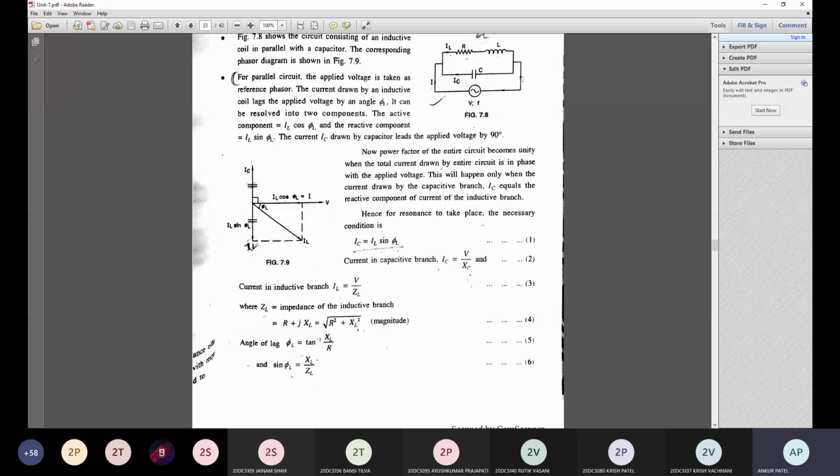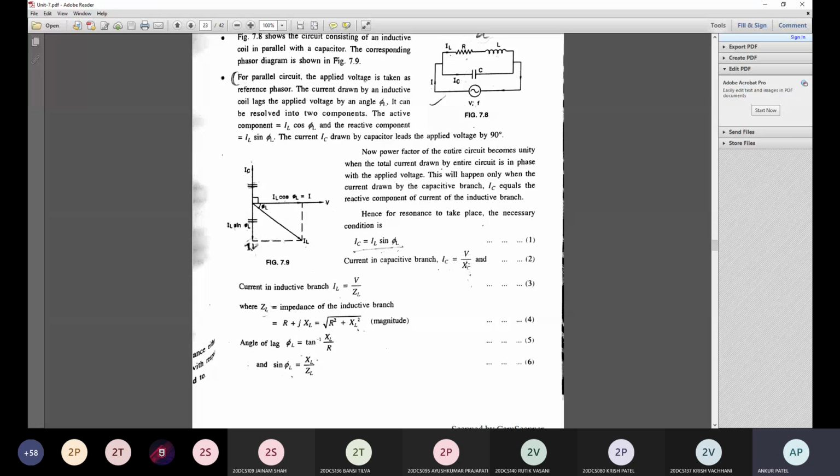The necessary condition for parallel resonance is IC equal to IL sin phi L. For the capacitive branch, IC is equal to V by XC, whereas V equals I into XC.